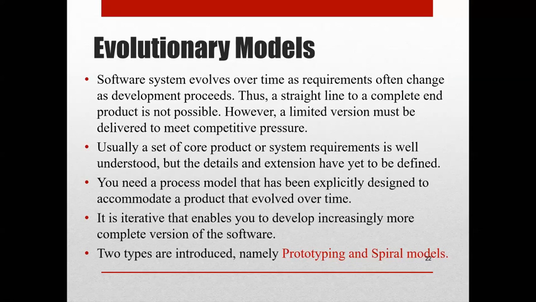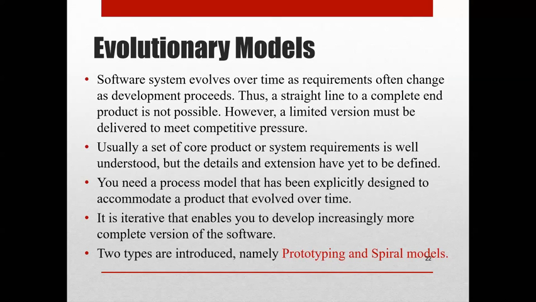The spiral model is divided into a number of framework activities, and these activities are denoted by task regions. So there are a variety of task regions, which are also known as your framework activities.